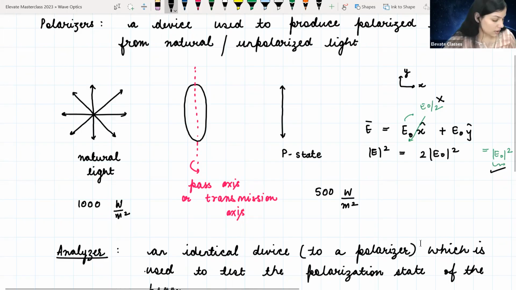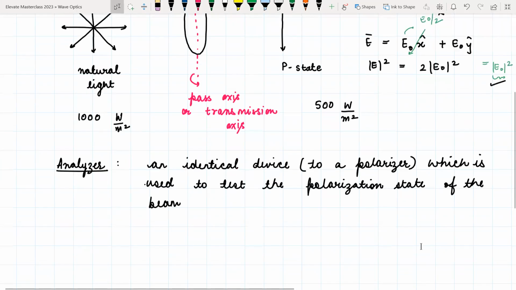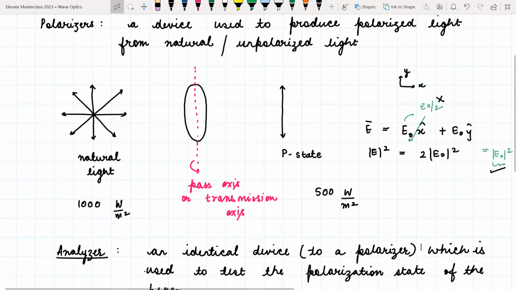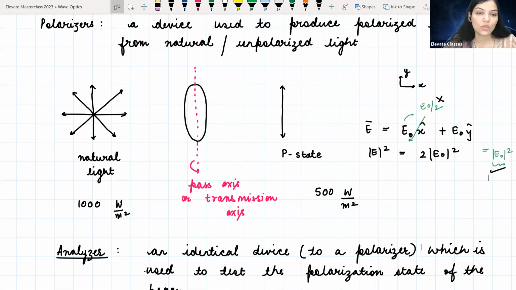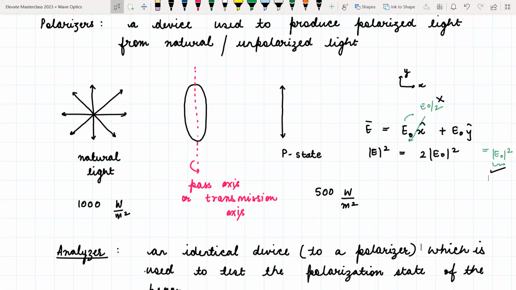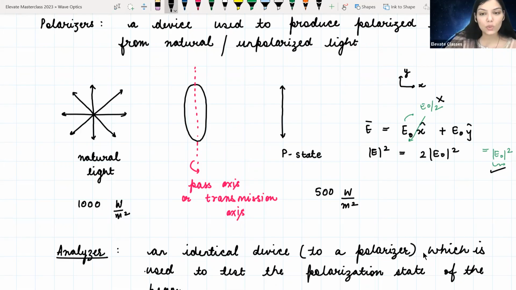Okay, so let me just write that. Ma'am, yes. Ma'am, natural light is not monochromatic light. Yes, it is not monochromatic light. So how do you decompose it into X and Y, into two components, because they have different frequency ranges? Yes, but you can do this decomposition for each frequency range. Your polarizer is going to work for a certain band of frequencies.